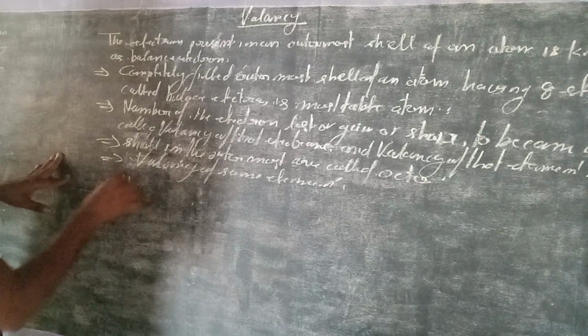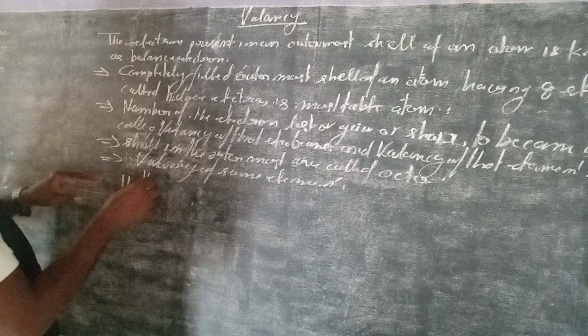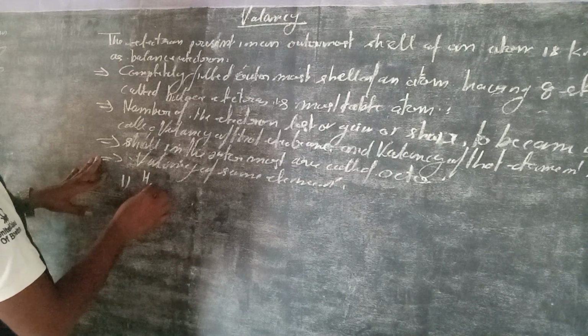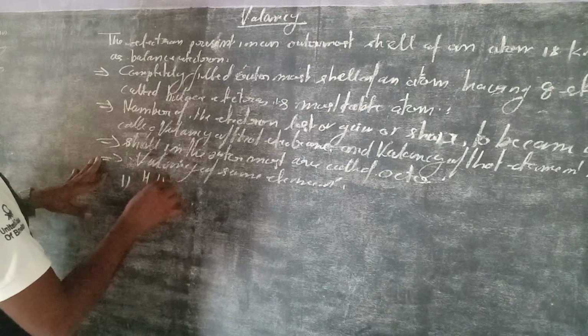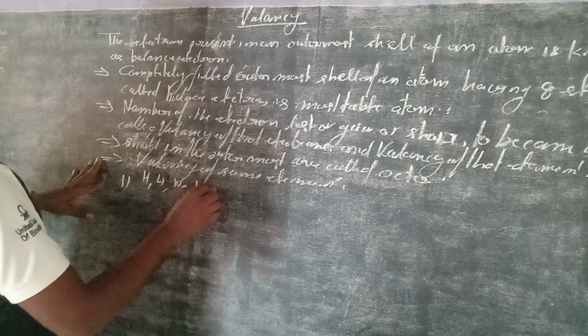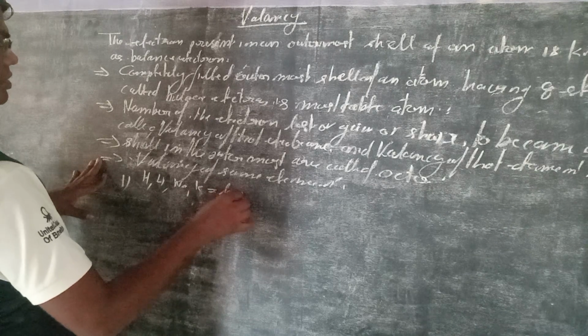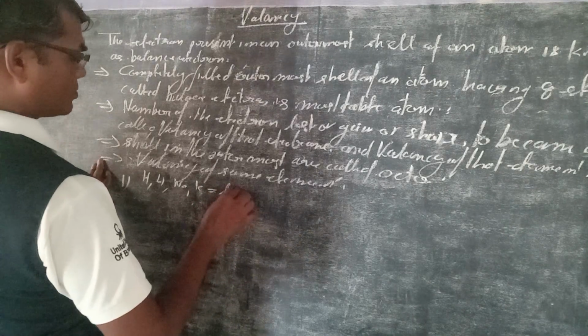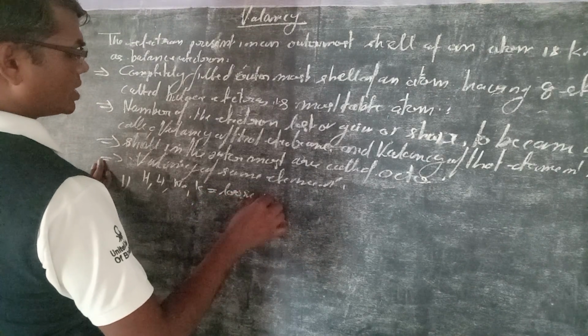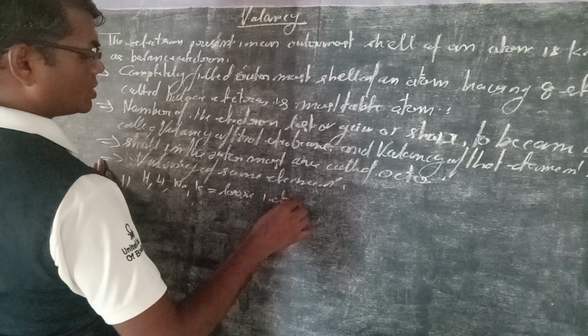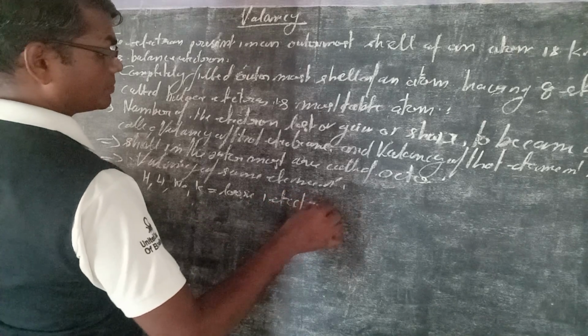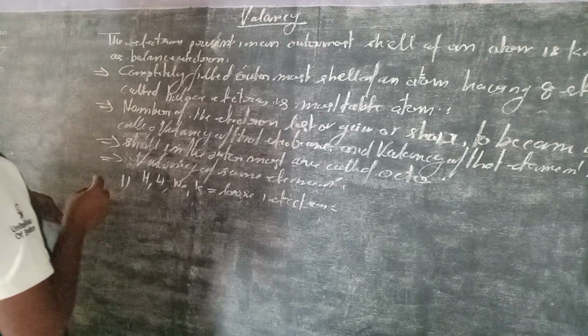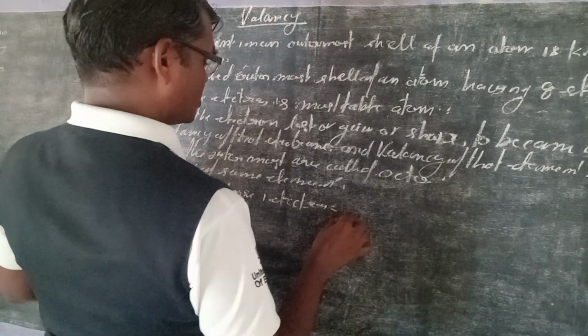First we will take hydrogen, lithium, sodium, potassium: they lose one electron, so the valency is equal to 1.